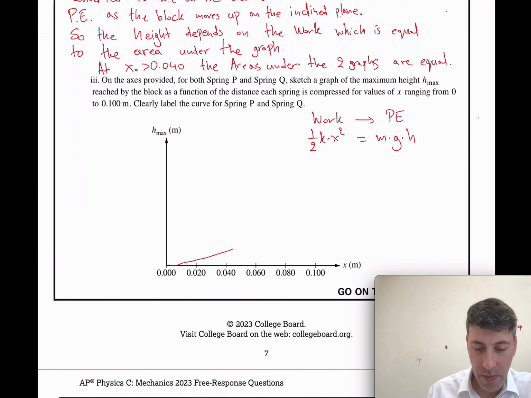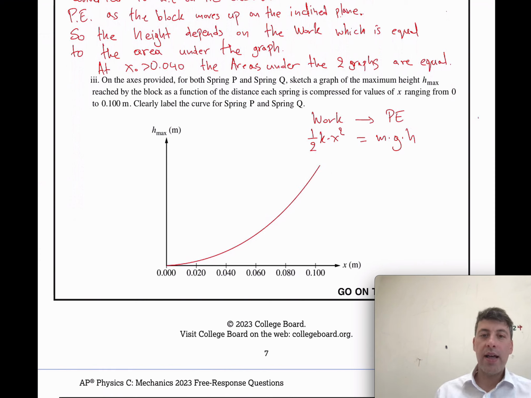So there will be a curve that will resemble a parabola, approximately like this. Now, we don't need to calculate the values, but we need to show that the curve is a parabola.